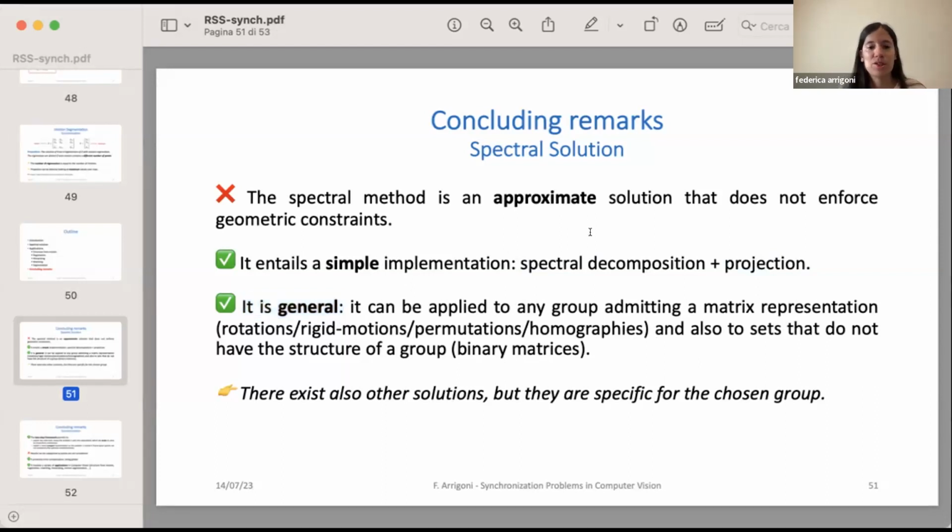It's important to mention that this is not the only available solution for synchronization. There exist also other solutions that exploit other tools, but these solutions are specific for the chosen problem. For example, they can be valid only for rotations and not for the other tasks.